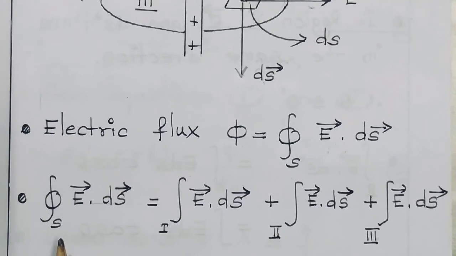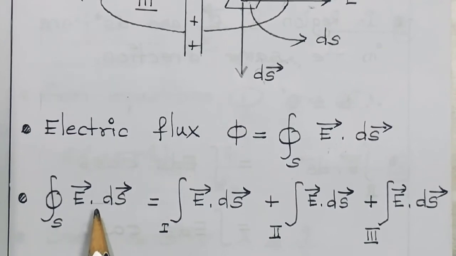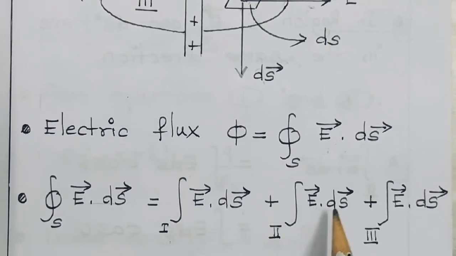Now we are here to find the value for the surface integral of E vector dot ds vector, which is equal to E vector dot ds vector at region 1 plus E vector dot ds vector at region 2 plus E vector dot ds vector at region 3.